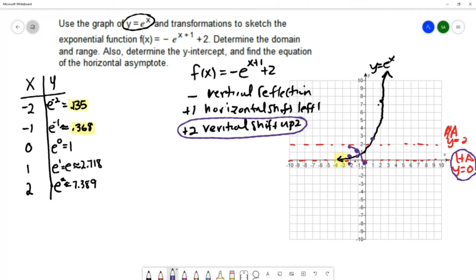So now you can see that this portion of the graph will get closer to the horizontal asymptote, while this part of the graph will be mirrored. In the original graph, it was going towards infinity, and now in this reflected graph, it's going down to -infinity. So that graph in purple is the graph of f of x equals -e to the x plus 1, plus 2.